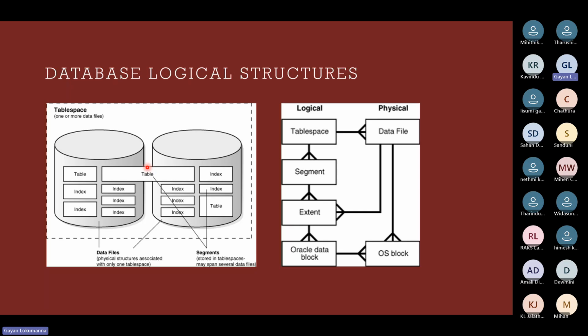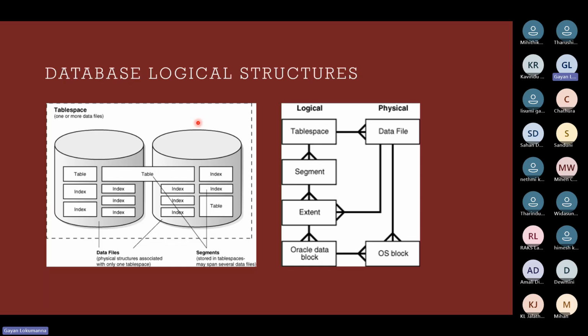This is very important to understand. A block cannot sit between two data files. It's not possible. What is possible is the extent. You may allocate your first extent from this data file, and your second extent from the second data file. That is possible.